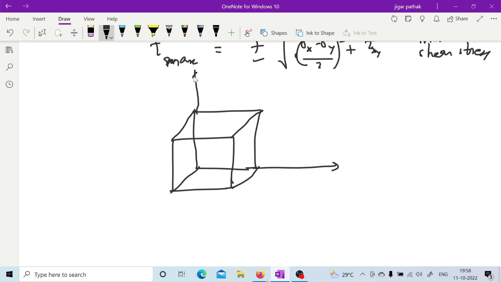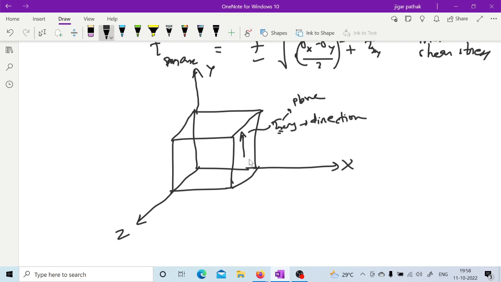If this is x, this is y, and this is z, and it is plotted like this, it is considered as tau xy, where x represents the axis to which the plane is perpendicular and y is the direction. So it is placed on the plane perpendicular to x. The first subscript is for the plane and y is for the direction.